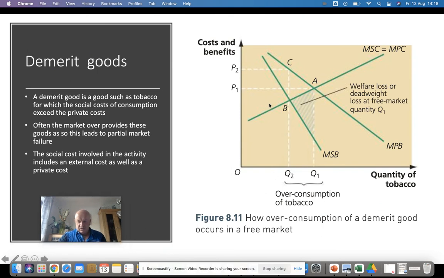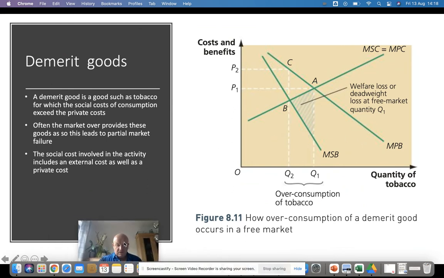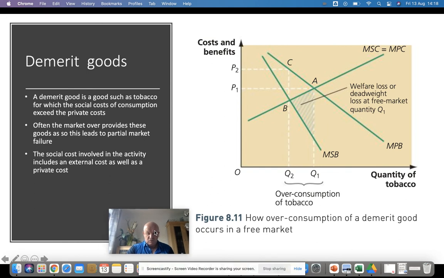But in this situation, we've clearly got the marginal private benefit and the marginal social benefit of smoking and tobacco clearly can be a bit of an issue in a free market. So that might mean that we're going to overconsume if the market is left to its own devices.